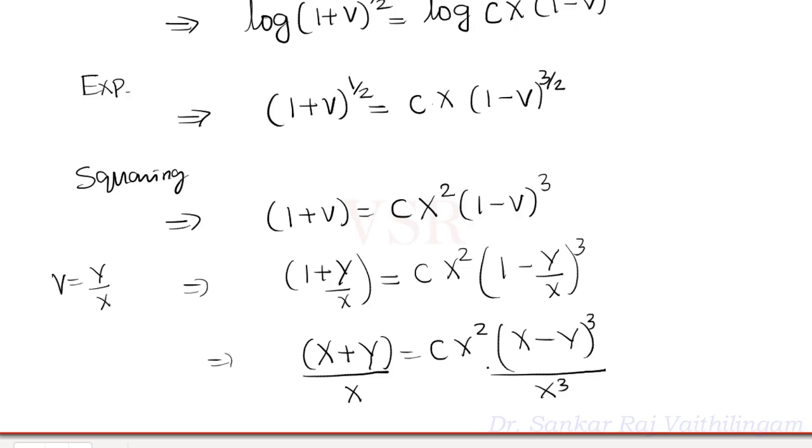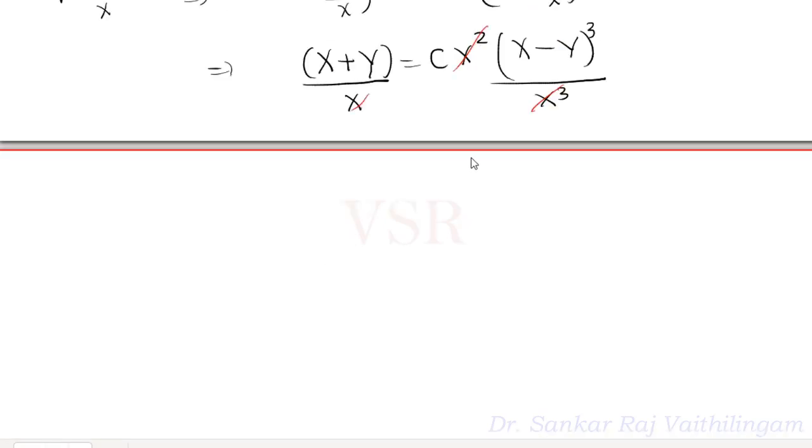Okay, so this x square cancels with this, this x cancels with this. I'll repeat again, these cancel. So this is x cube, and this x cube cancels. So the answer we are getting is: capital X plus y is equal to c times (x minus y) the whole cube.